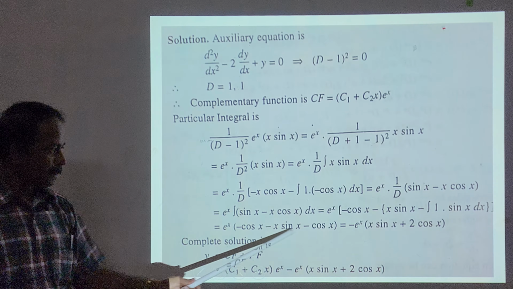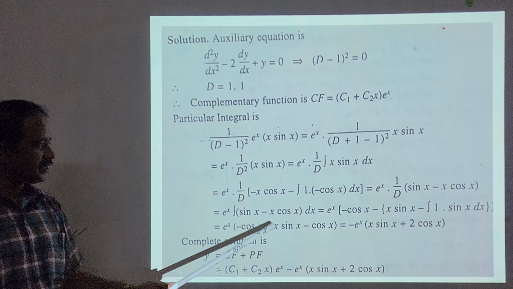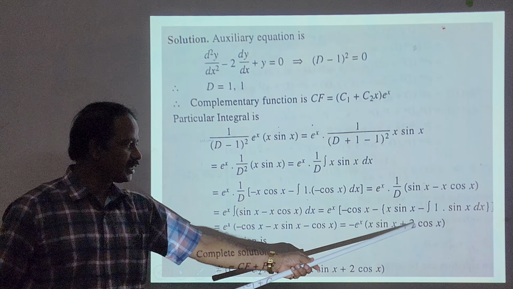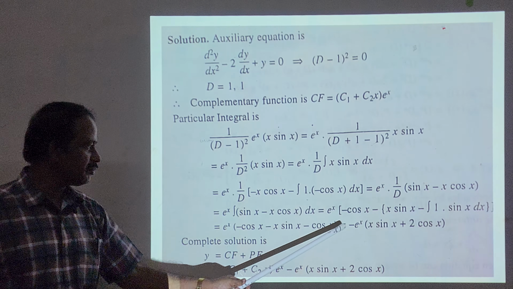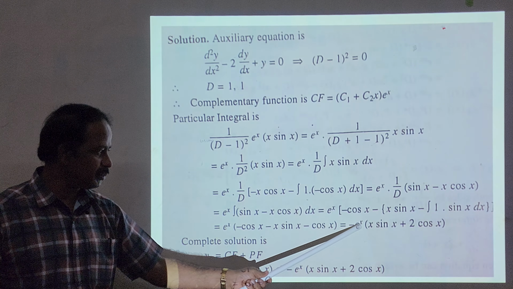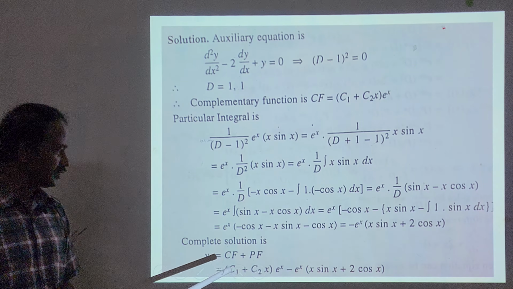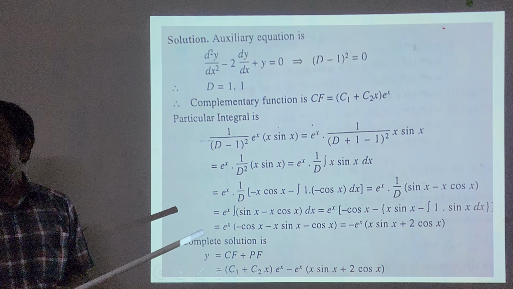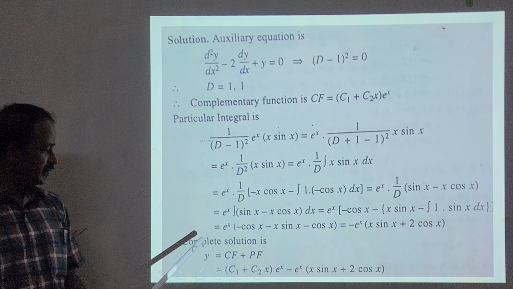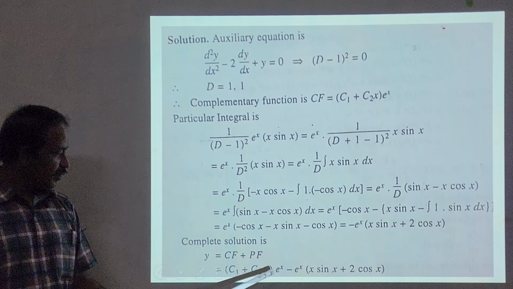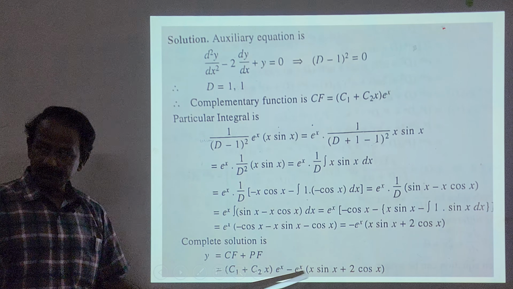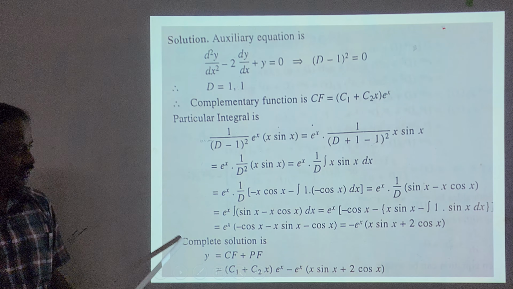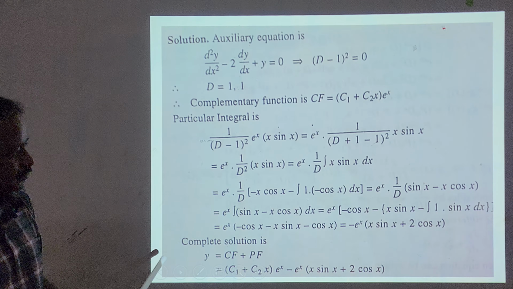So minus cos x will give you 2 cos x. I can pull the minus sign out, so minus e power x, x sin x plus 2 cos x. So this is your PI, particular integral. Complementary function plus particular integral will give you the complete solution. So that's the idea. Any doubt?